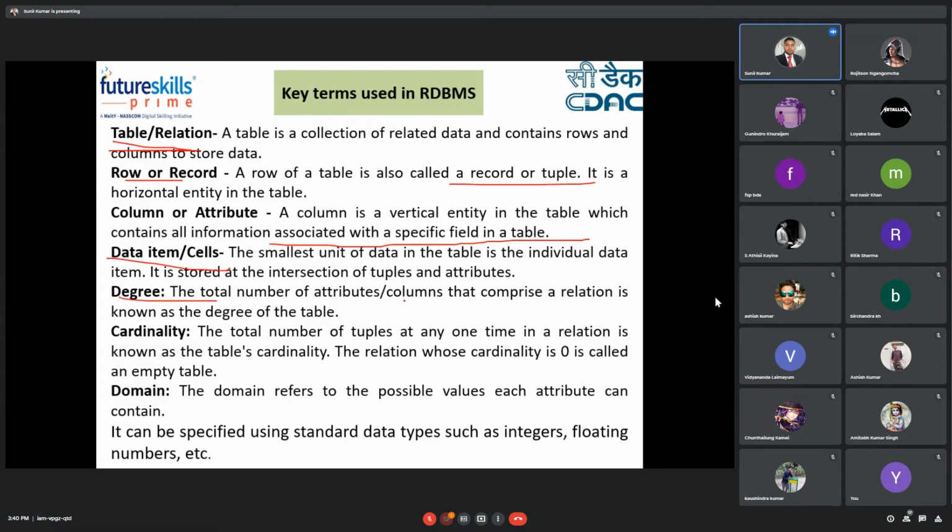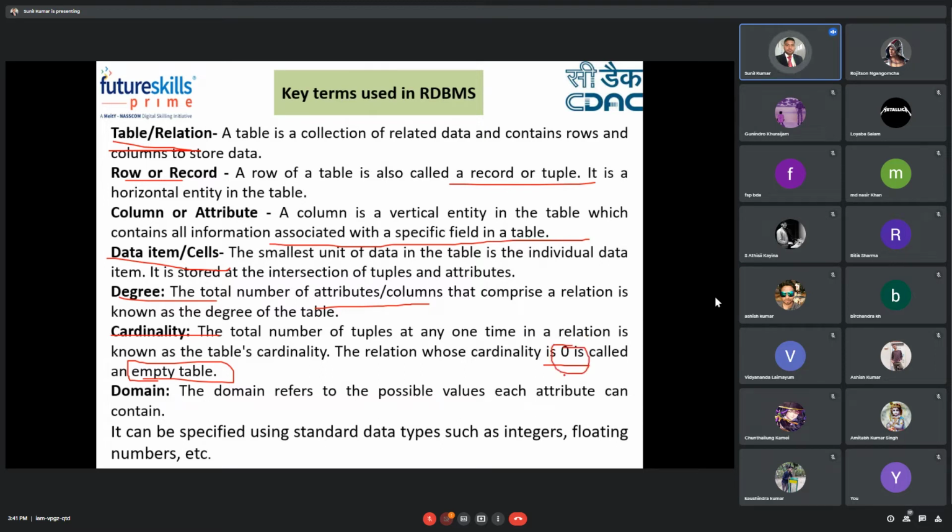Degree: number of columns in the table. Cardinality: the number of tuples in a relation is known as cardinality, right? And if any table has 0 rows, then it is known as an empty table. Empty table means that the cardinality of that table will be 0.